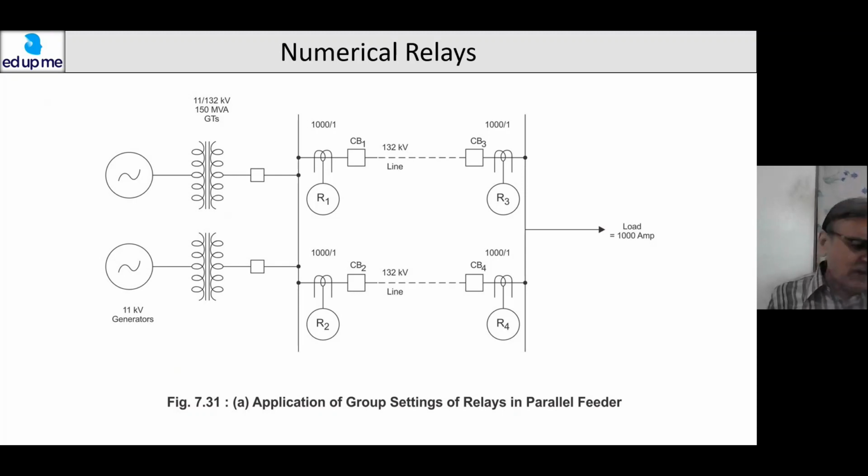And I'll change the flux setting of R1 and R2. Similarly, because both the lines are on, the fault current will be more. If one line is off, then the fault current is going to reduce because impedance is going to increase. So the time multiplier setting also will change according to the new condition. That is one line contingency.